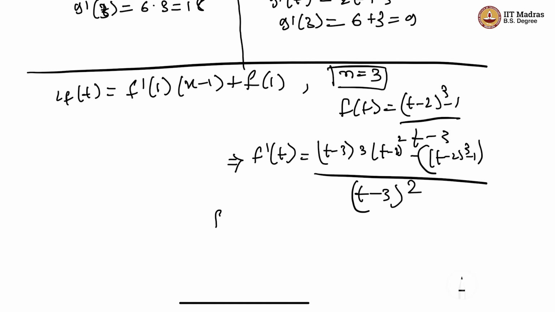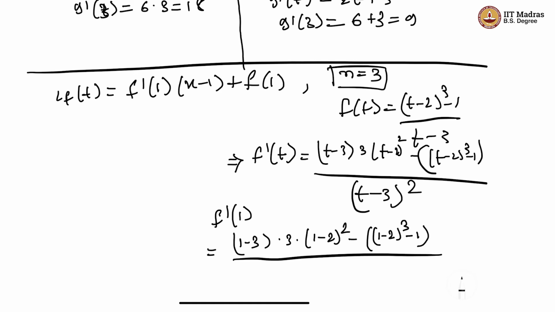Okay, so what will be f dash 1 then? This is basically (1 minus 3) into 3 into (1 minus 2) whole square minus (1 minus 2) whole cube minus 1, by (1 minus 3) whole square.